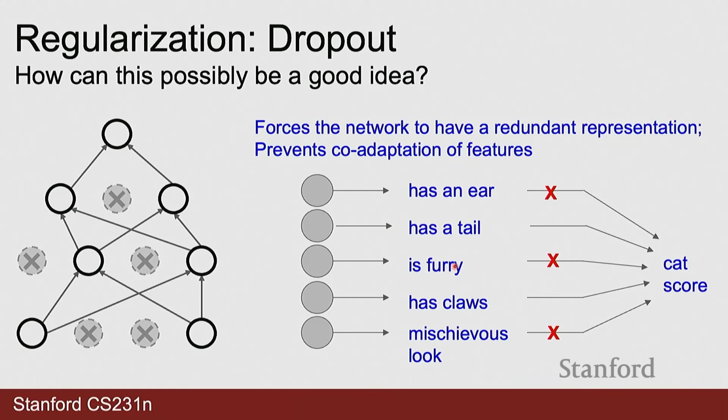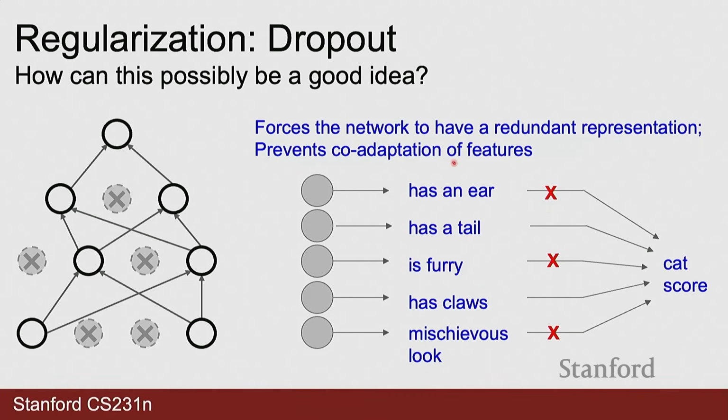Say we have a list of features that we're learning at a layer right before the output of our model, and a CNN that is extracting each of these features. It can detect if there are ears in the image, or a tail, if it's furry, if it has claws, and you want your model to output the probability of a cat score.